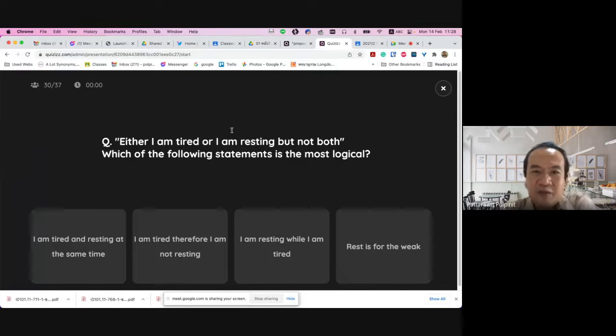Just the choice is missing. Okay. I am tired and resting at the same time. This one is definitely incorrect, right? The third one, I am resting while I am tired. Well, definitely not, because this one is just saying that you are doing both resting and tired at the same time. This one doesn't have anything related to this one at all.